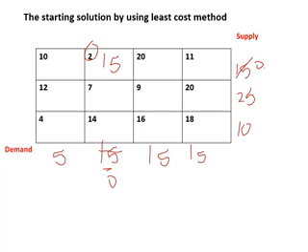Now this destination is already plugged because we don't have any more amount to be shipped, and we can plug the supply and demand, source and destination, at the same time in one step.